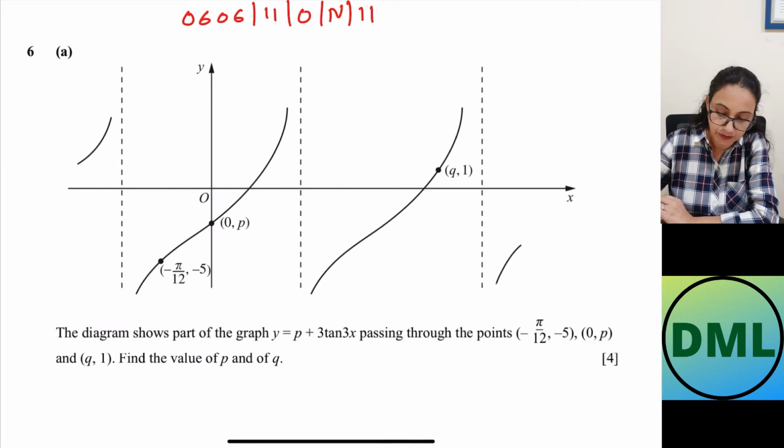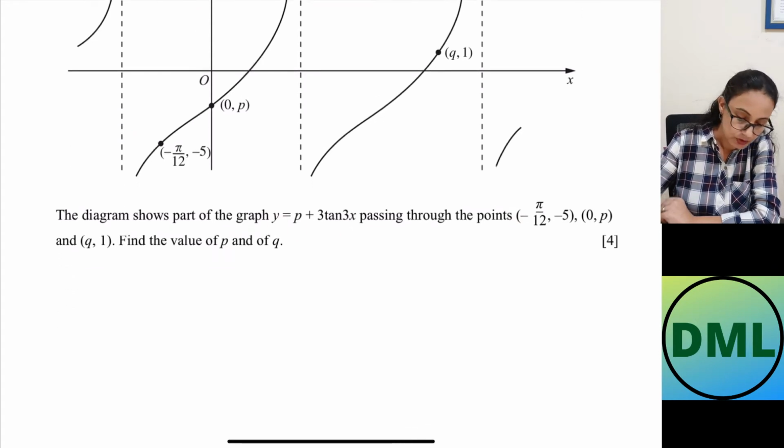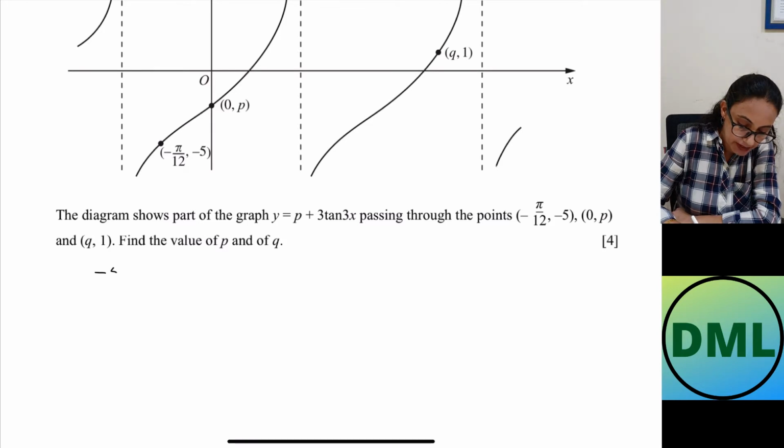Now let's substitute the first point, minus pi by 12 and minus 5, in our given curve. So if we substitute that, we will get minus 5 is equal to p plus 3 times tan 3x, where x is minus pi by 12. So from here, 3 will get cancelled from 12 and it will be 4 here.